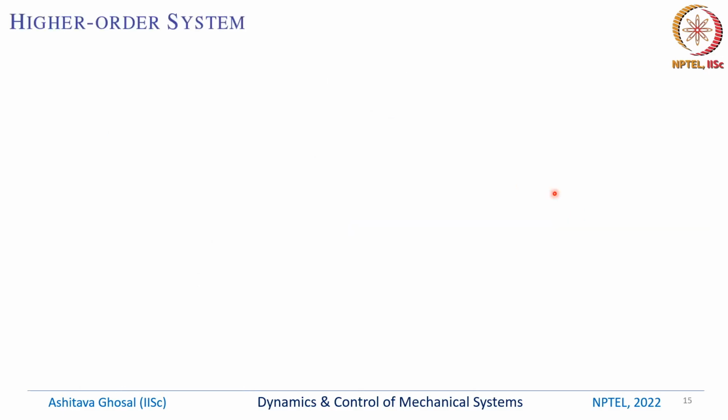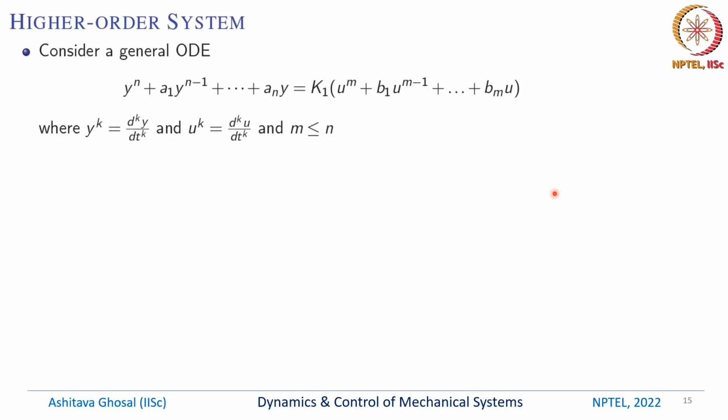What about higher order systems? So let us consider a general ODE which is given by y to the power n, where y to the power n means the nth derivative of y with time, plus a1 into y to the power n minus 1, and so on up to an y, and this is equal to k1 into u to the power m plus b1 u to the power m minus 1.